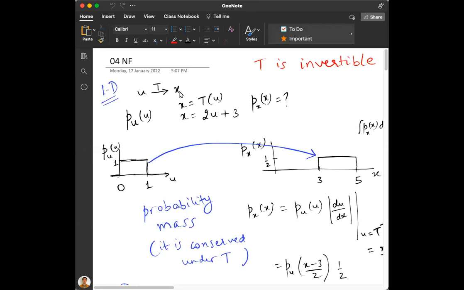And we know what the basic principle is. Whenever we do a transformation on a random variable, let's say this is just a variable, and we operate upon it with some transformation, the new variable will have a different PDF, right? That we all know. How do we compute that PDF?